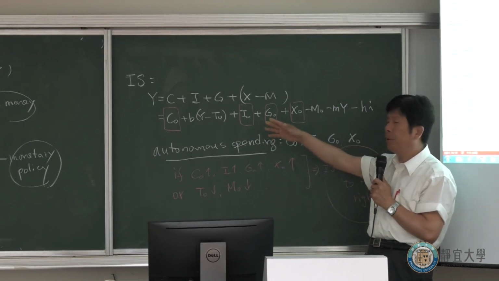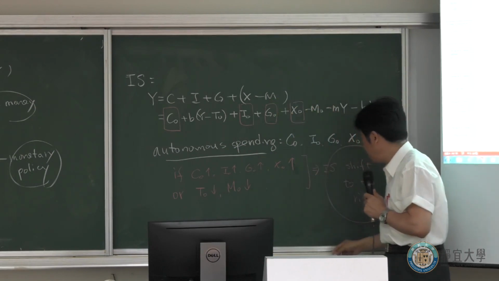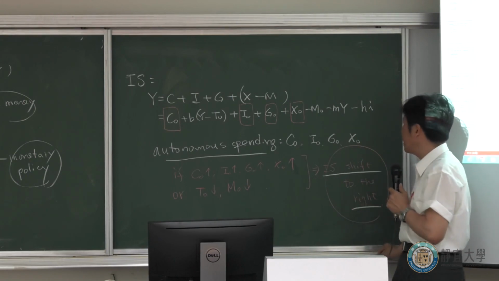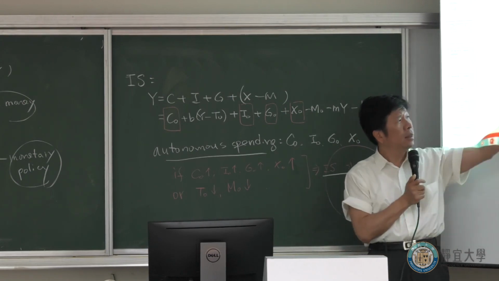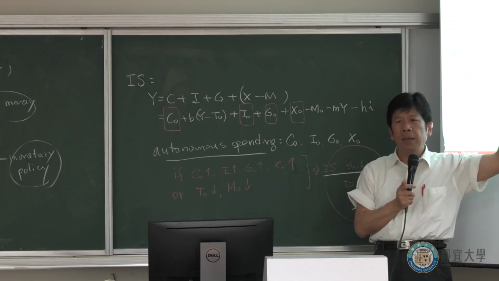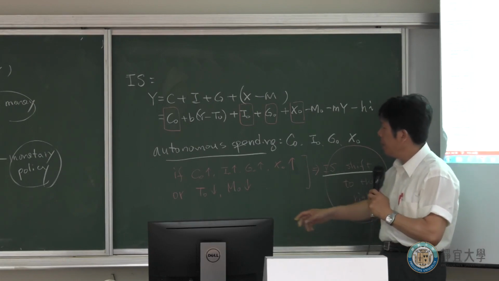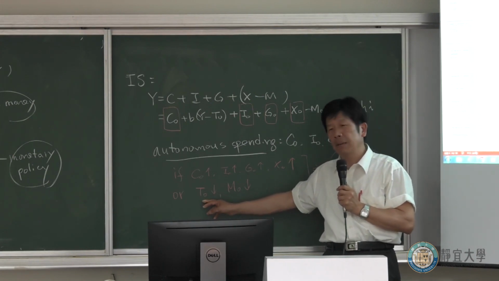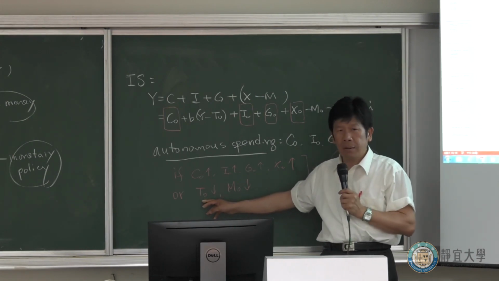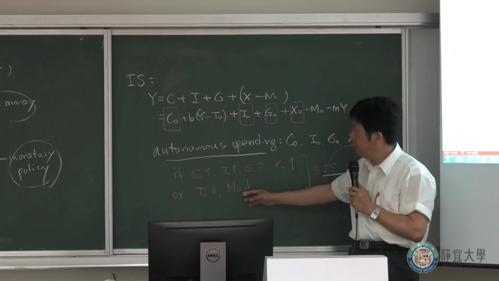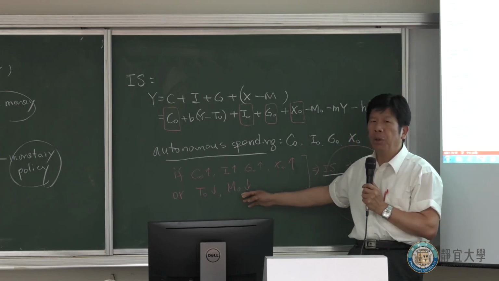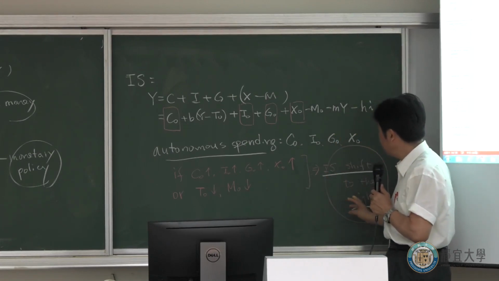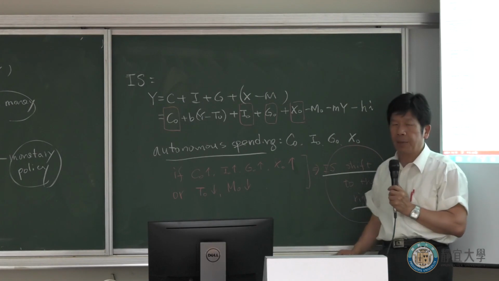If these four variables increase, the IS curve shifts to the right hand side. On the other hand, if the government lets taxes decrease, or autonomous imports decrease, then the IS curve also shifts to the right hand side.